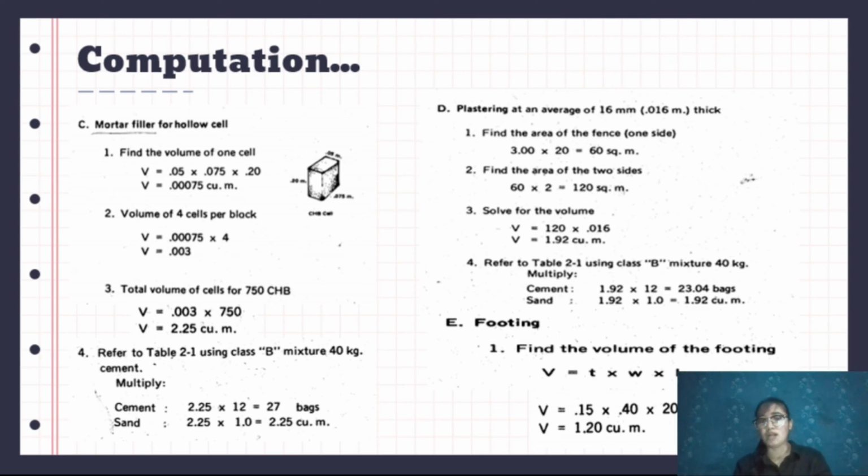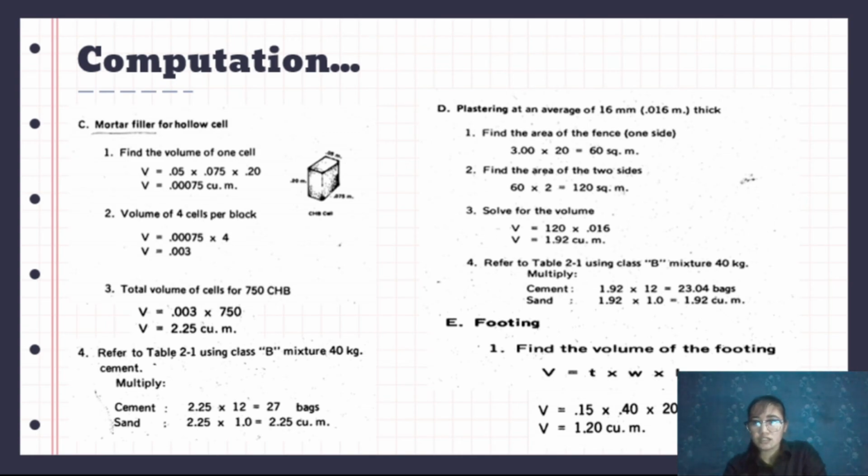And the total volume of cells for the required 750 CHB, multiply the volume of our cells by 750 pieces of CHB. Now we have the 225 cubic meter total volume of cells for 750 CHB. Then again use the table, and multiply using the volume we got.